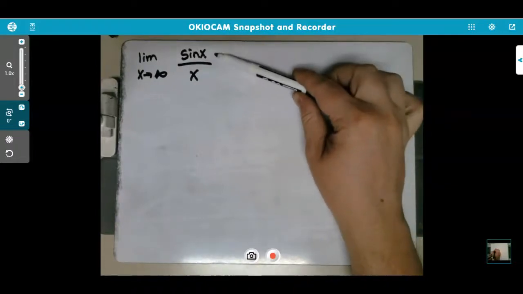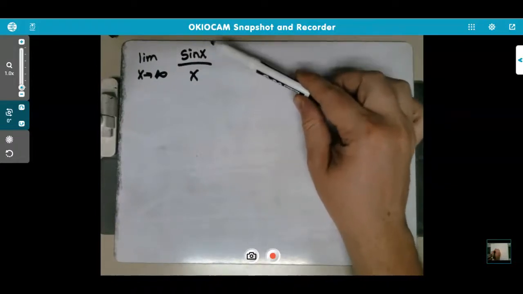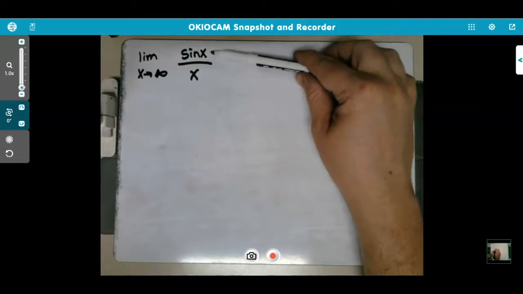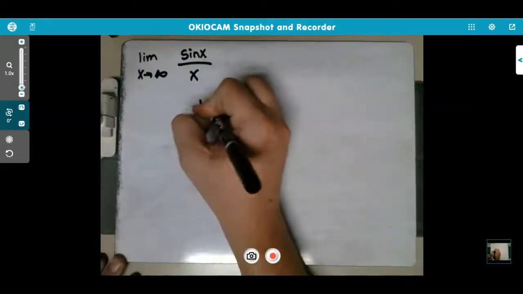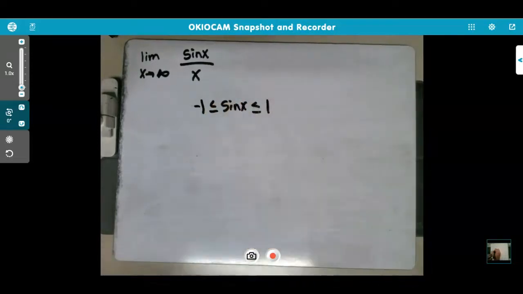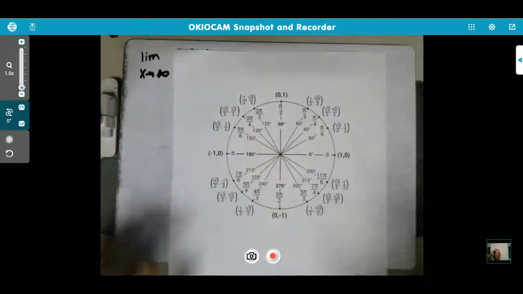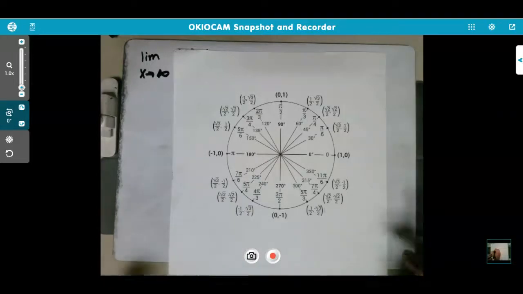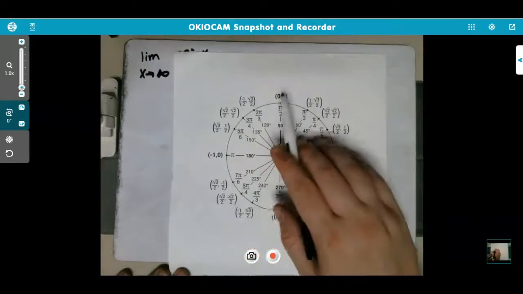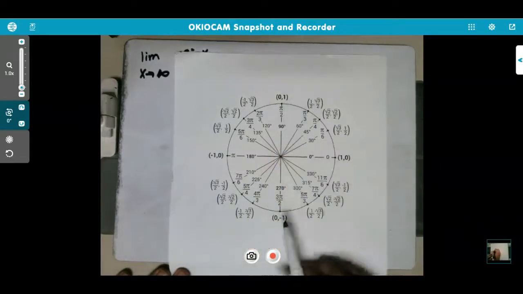So looking in the numerator, let's think about what sine does. Sine is always going to be between -1 and positive 1, right? We can see that if you look at the unit circle. I have one on my desk. I'm pulling it out. The sine is the y, right? So if I look at all the y's, the largest it can possibly be is a 1, and the smallest is the -1.